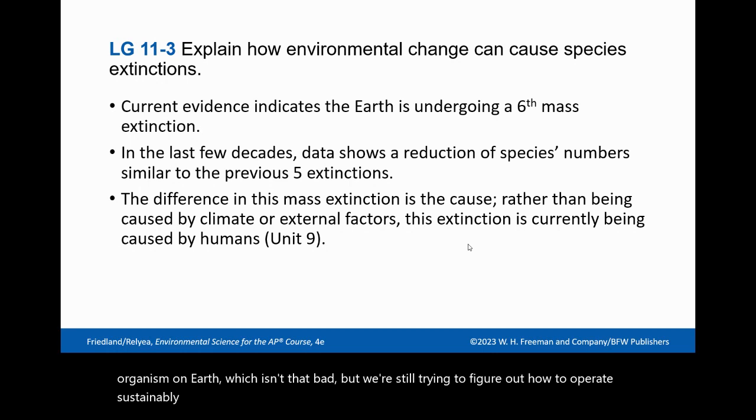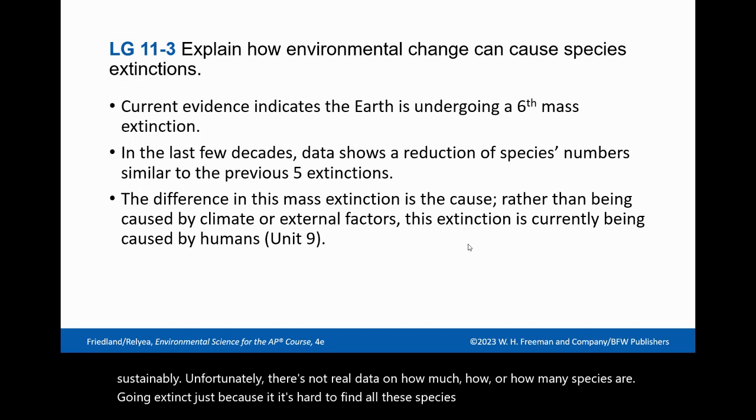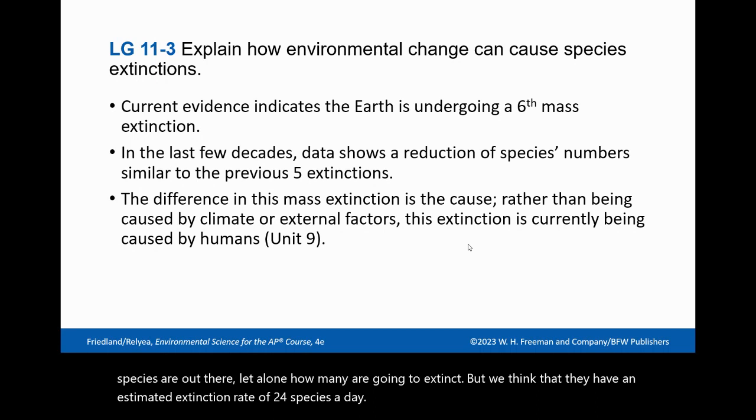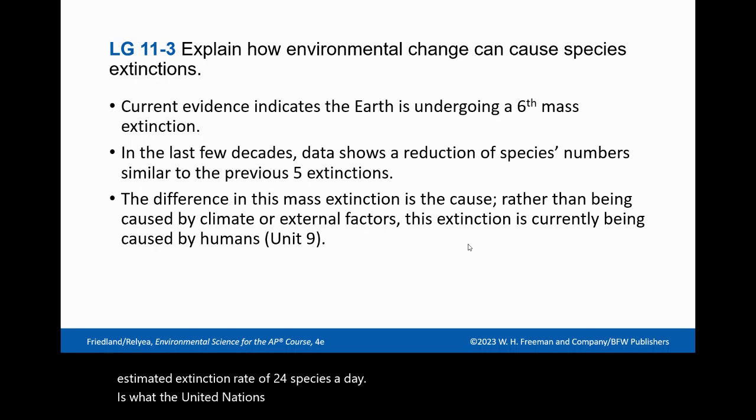Unfortunately, there's not real data on how many species are going extinct, just because it's hard to find all these species. We don't even know how many species are out there, let alone how many are going extinct. But we think the estimated extinction rate is 24 species a day, is what the United Nations is saying.